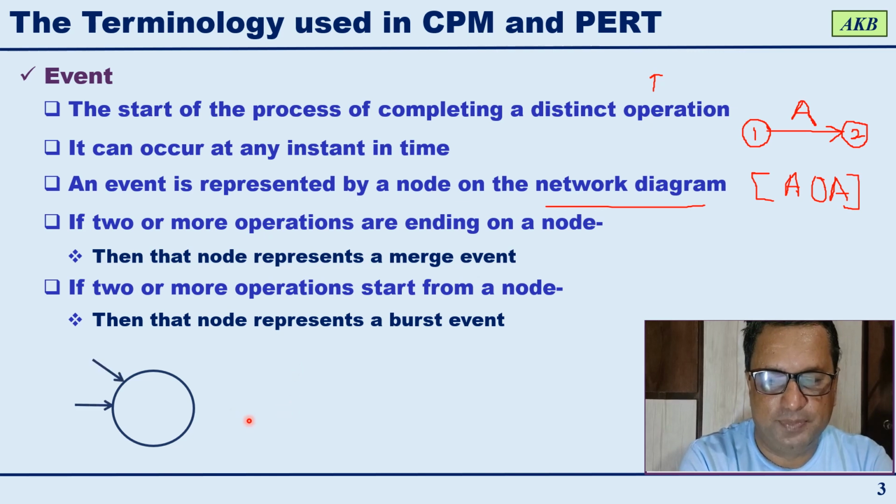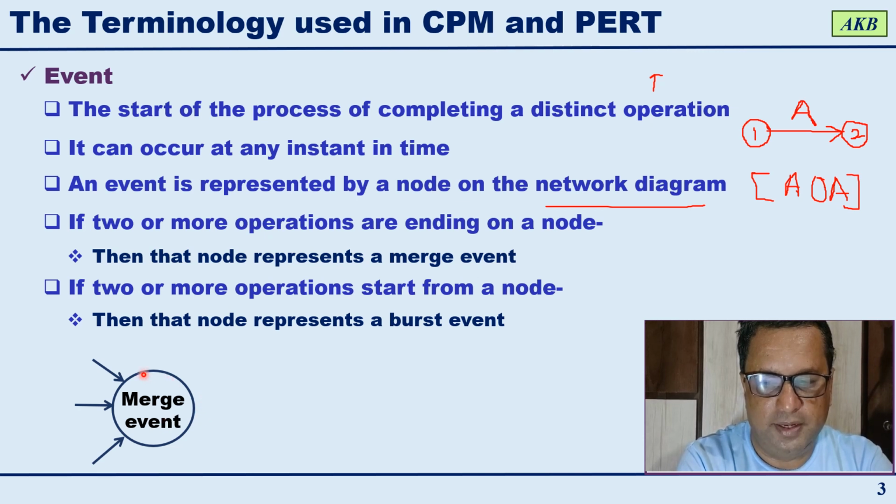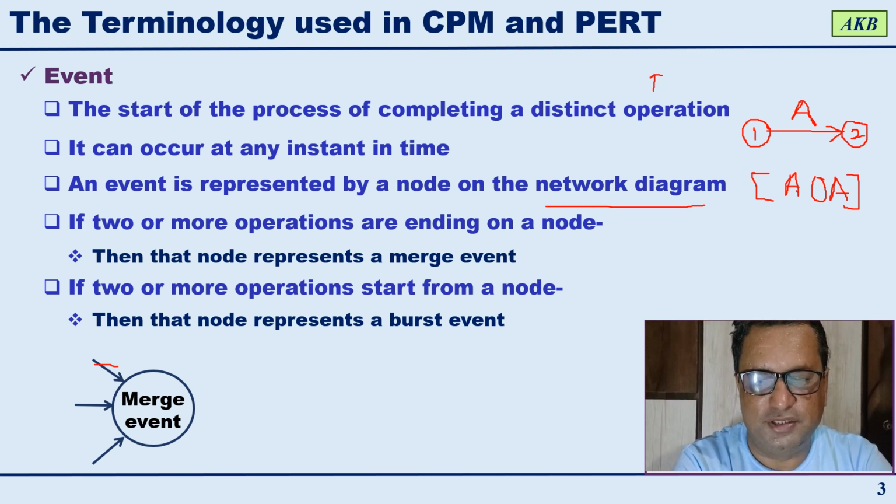So let us say this is a node, and since three different operations or activities are getting completed at this node, you are calling this node a merge event. You can clearly see more than two activities: this activity is getting completed at this node, this activity is getting completed at this node, and this activity again is getting completed at this node. So in this case, this particular node represents a merge event.